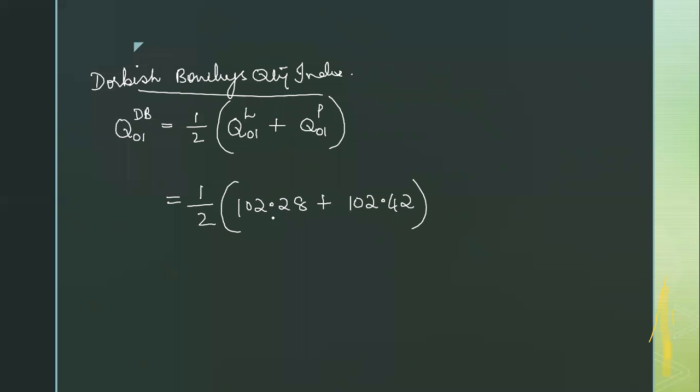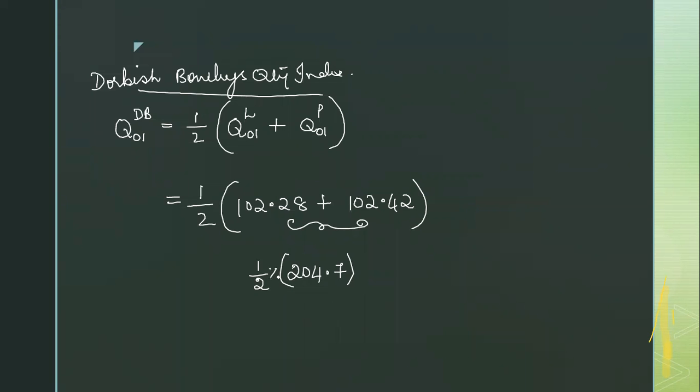Now what you have to do, first you have to add this 102.28 plus 102.42. What is the answer you get? Okay, you are getting 204.7. Half into 204.7. Now multiply with half, or you divide directly by 2.